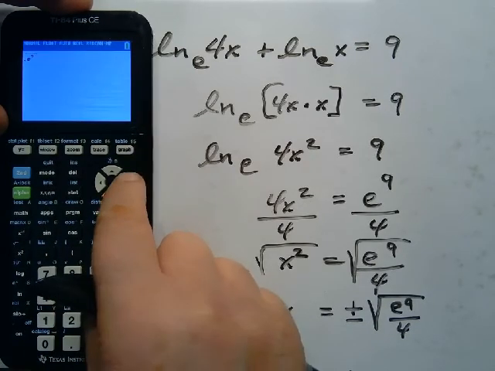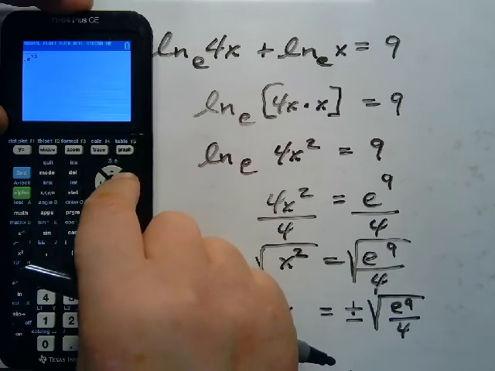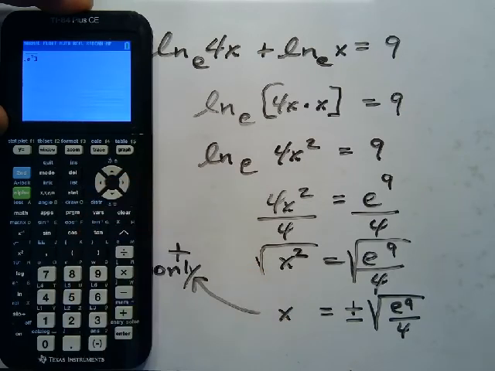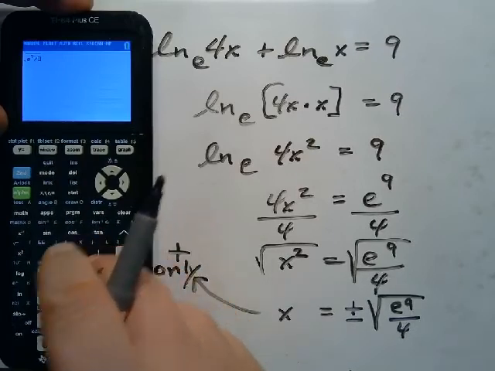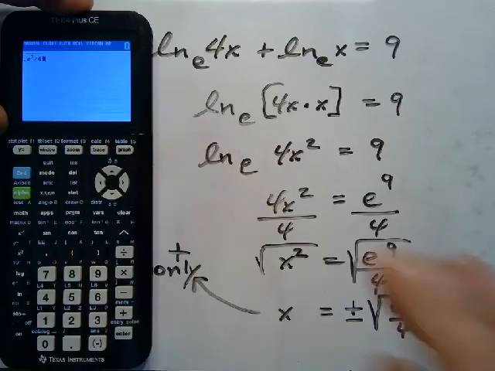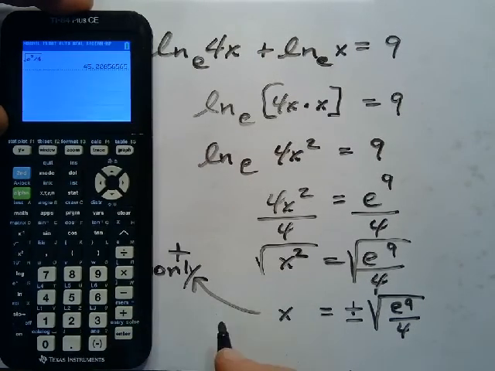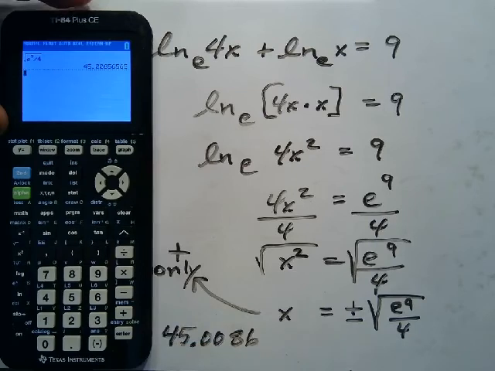Now I need to get out from underneath the radical there, bring it down, and now we're going to divide by 4, arrow out from underneath the radical, e to the 9 divided by 4, and I end up with the answer 45.0086. 45.0086, and I want the positive answer only. And it's important again that we check those answers each time.